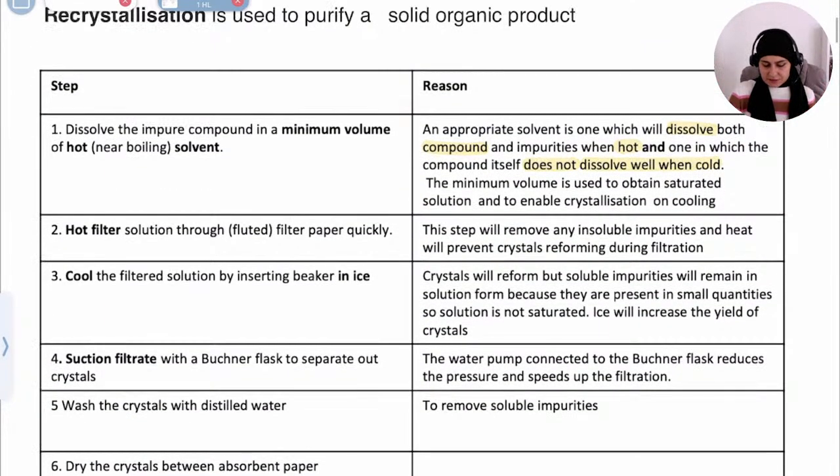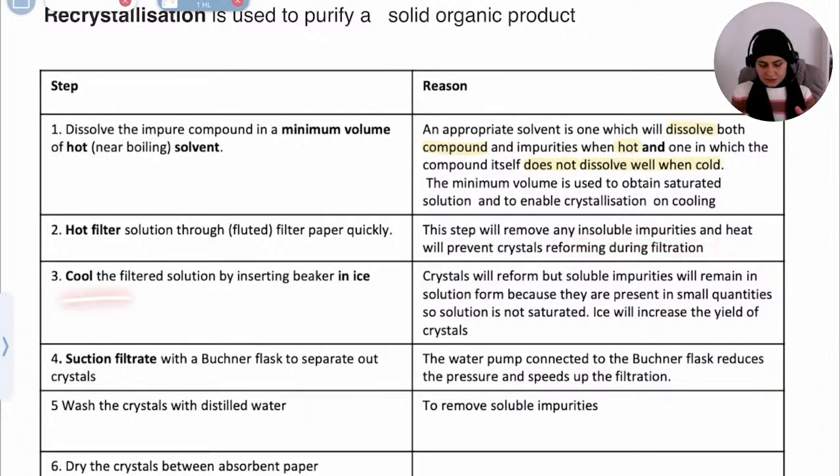These steps are crucial, and I think those need memorization, because everything else is kind of logical and very intuitive, but the first three you just need to know. So you dissolve an impure compound in a small volume of hot solvent. The solvent dissolves your substance well when it's hot and does not dissolve well when it's cold. Then you hot filter the solution to remove insoluble impurities.